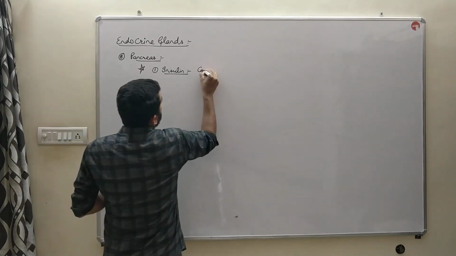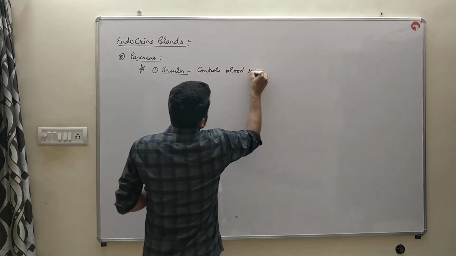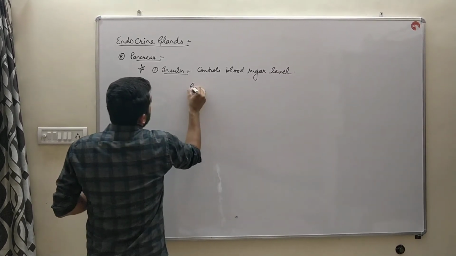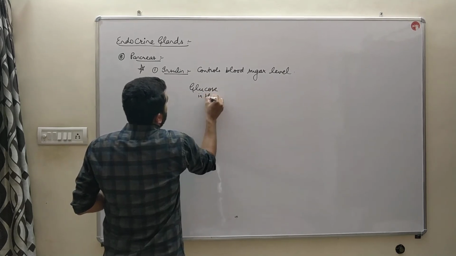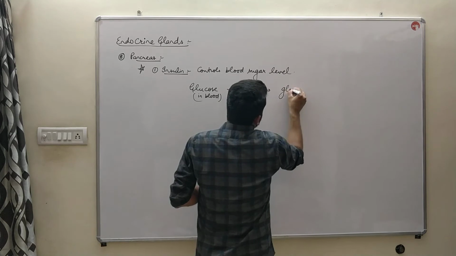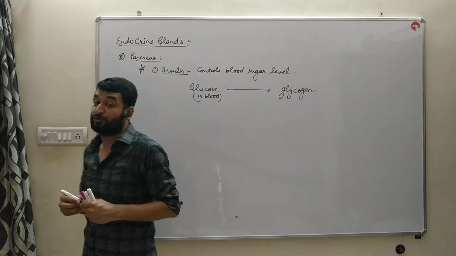Insulin controls blood sugar level. How? It helps in the conversion of glucose present in blood into a stored food, that is glycogen. And glycogen is a very important question.